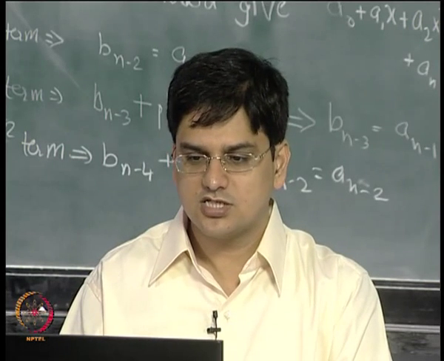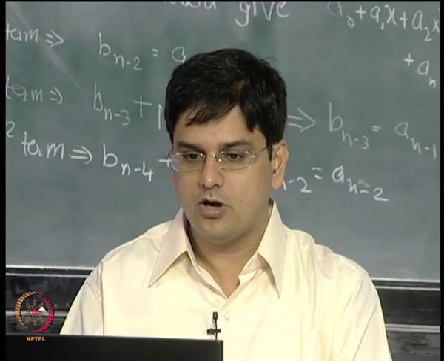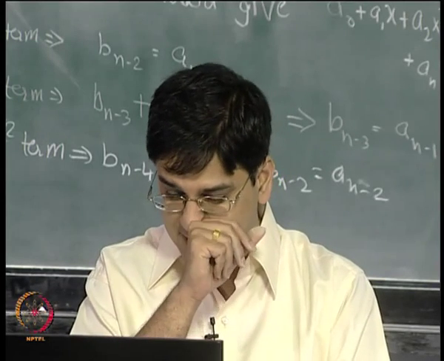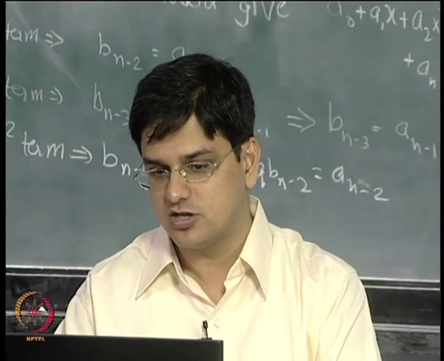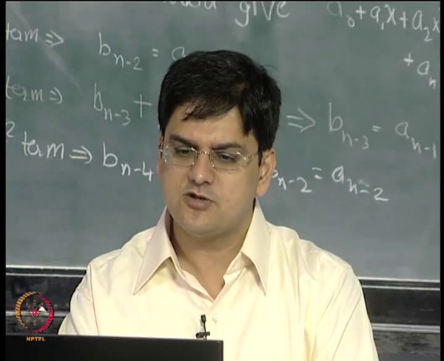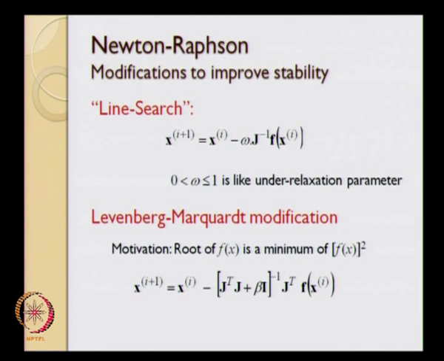So a straightforward way of modifying the Newton-Raphson's method is what is known as a line search algorithm, and line search is very much like the Jacobi over relaxation or the Jacobi under relaxation that we had looked at. The only difference is, instead of using a Jacobi type of an iteration, we use that under relaxation factor in the Newton's iteration.